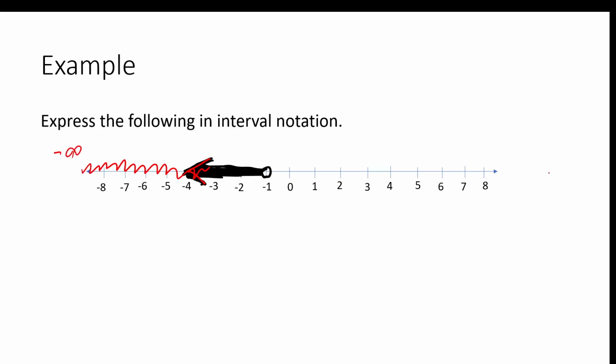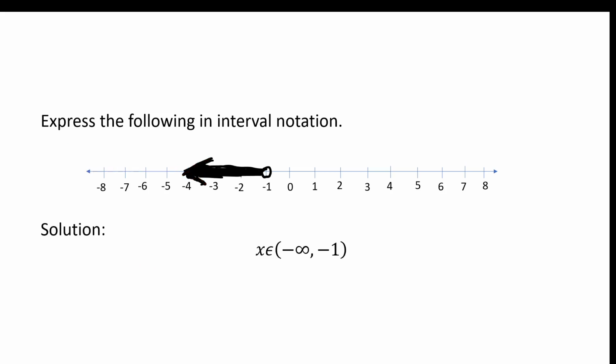We can say we've got negative infinity on the far left, we've got positive infinity on the far right. We're including all the numbers between the negative infinity and the negative 1. We're not including the negative 1 because it's an open circle. We're not including the negative infinity because it's infinity, and that is our interval notation.